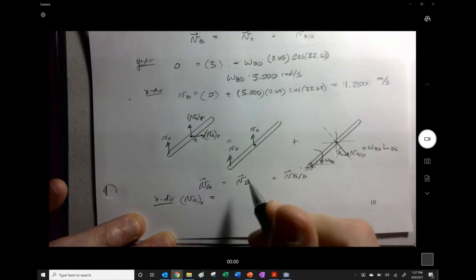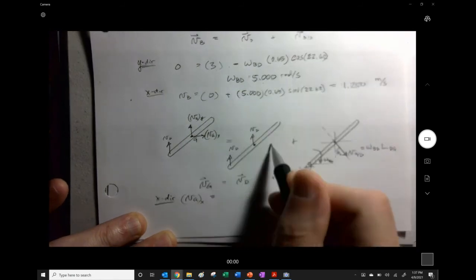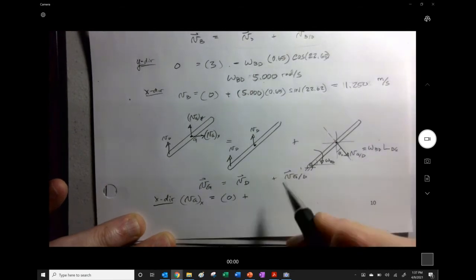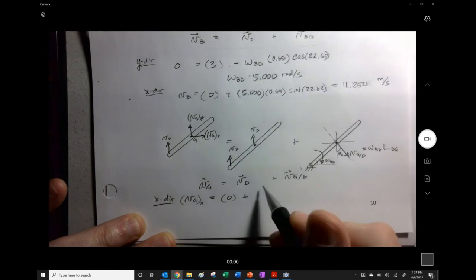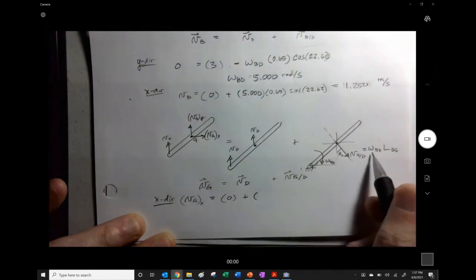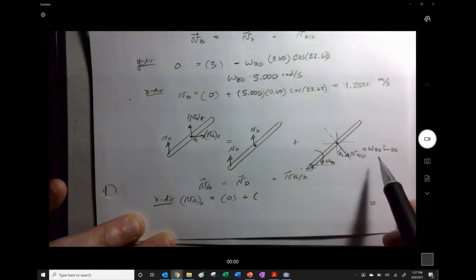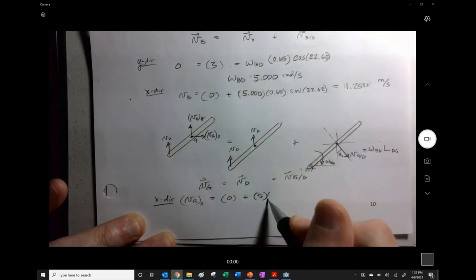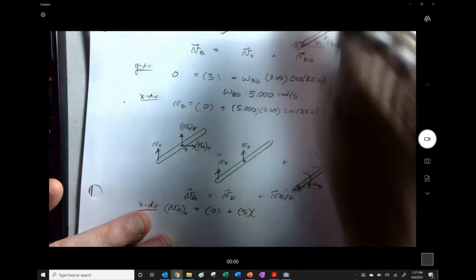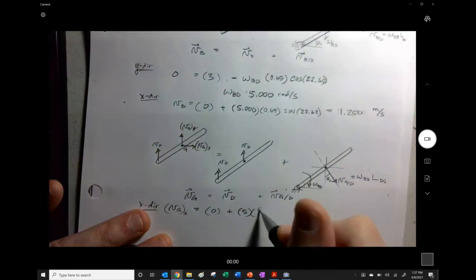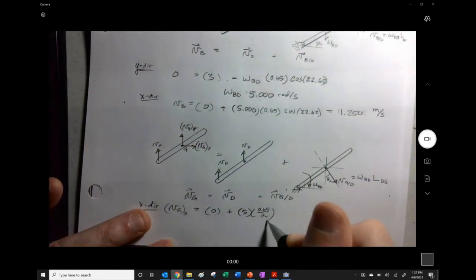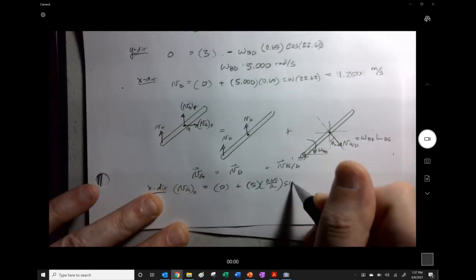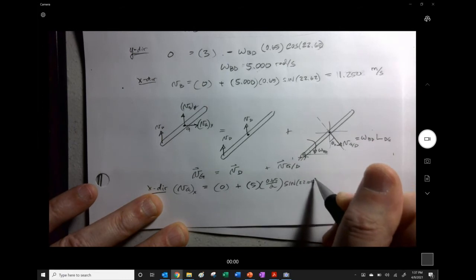It's going to be equal to, first off, I have 0 right here in the x direction. Here I have positive, and it's going to be my omega. I'll just put values in here. I know it's going to be 5 radians per second. I know that it's going to be my length of this over 2, so 0.65 over 2, and then the sine of 22.62.